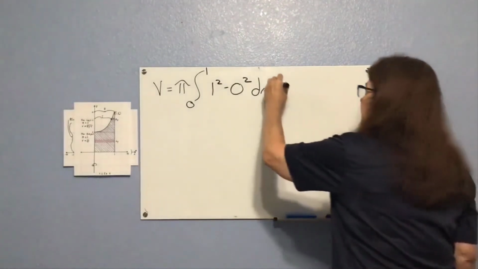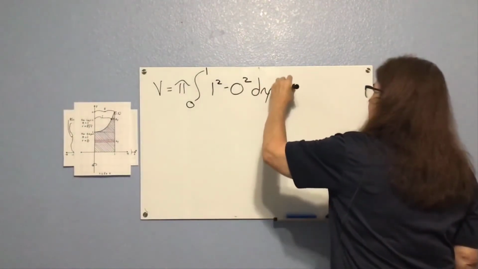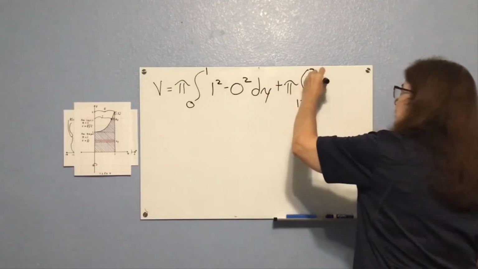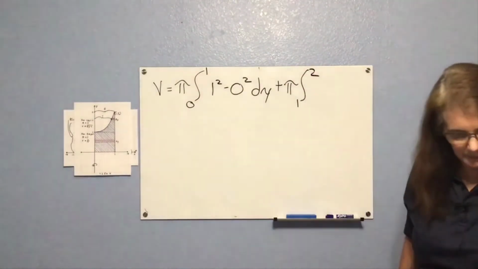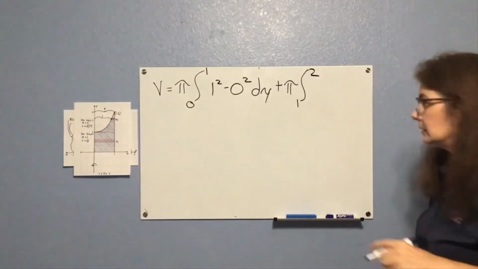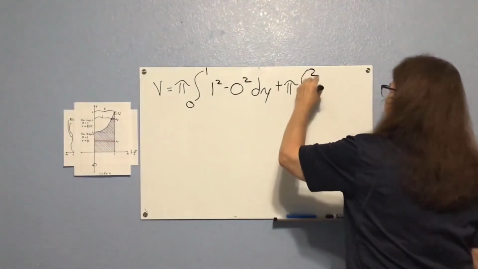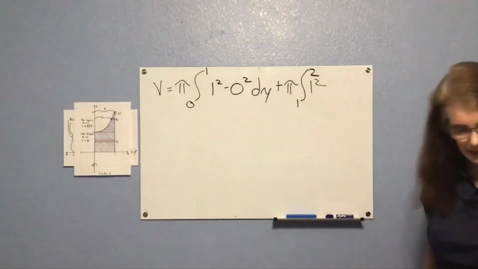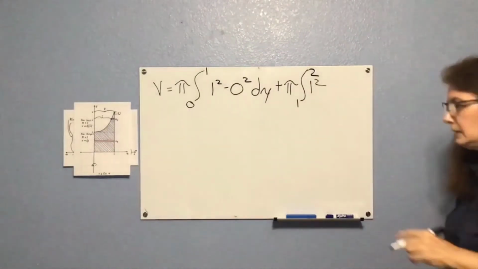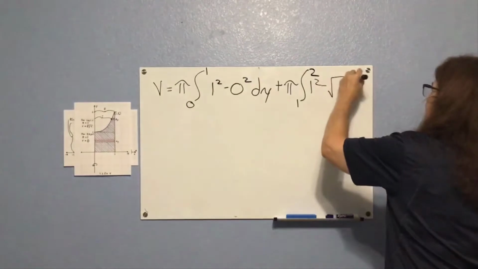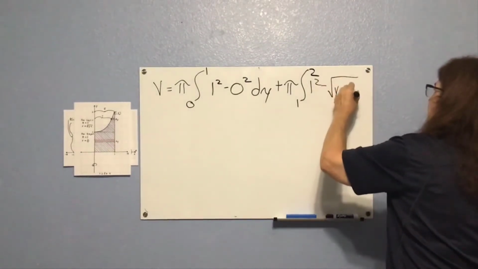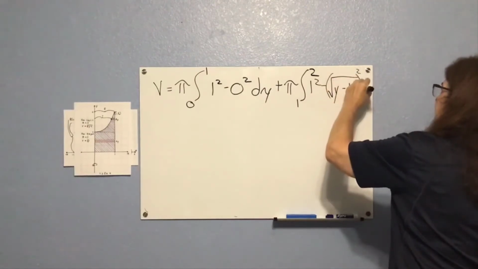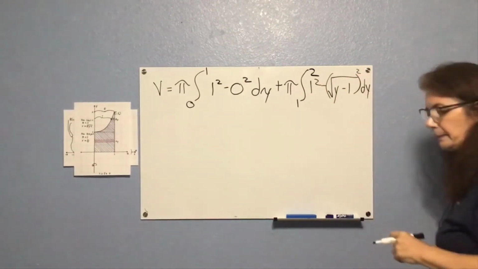And then my second part is going to be pi times the integral from 1 to 2. We're going to have 1 squared minus that inner radius, which is the square root of y minus 1, this part also squared, dy.